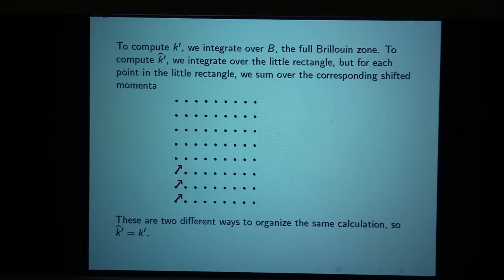And that means that at any point in the little rectangle, we sum over all the translates. So these are two different ways to organize the same calculation. In calculating K prime, you integrate over the big Brillouin zone. In calculating K prime hat, you integrate over the little rectangle, but you sum over all its translates. So it's the same calculation organized in two ways, so K prime equals K prime hat.